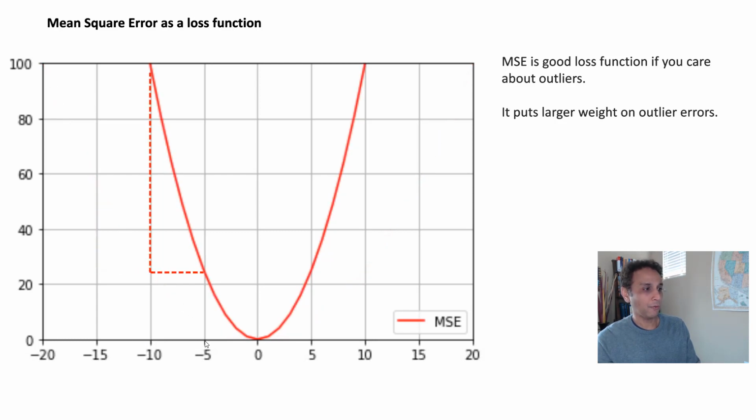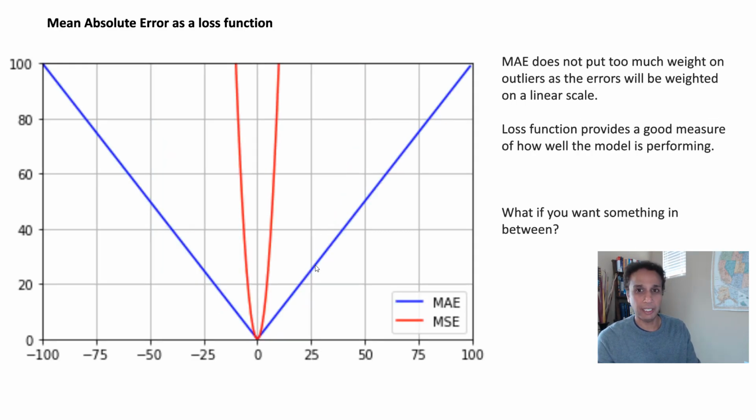What happens if you go from 5 to 10, this much error, again an outlier, then the weight goes as a square function. So the weight goes all the way over there, so it gives more weight to these types of outliers. So in summary, if outliers are important to you, if you want to include them, then mean squared error or L2 loss is good. If not, L1 loss is pretty good.